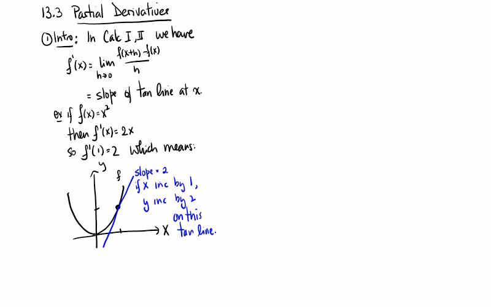So then with a function of, say, 2 variables, how about with a function like f of x, y? It doesn't make any sense to take the derivative because, in the calculus sense, we're looking at basically if x changes, how does the function change, right?